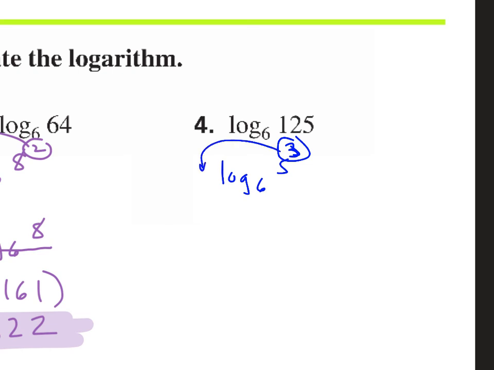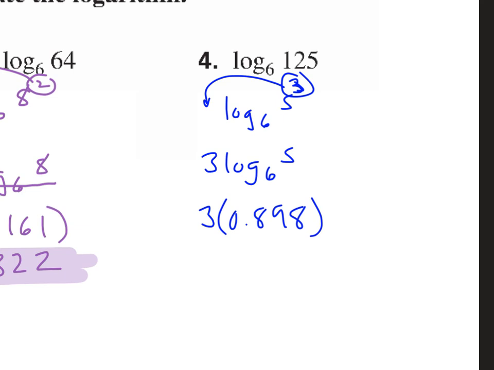Move it to the front. So we have 3 log base 6 of 5. What's log base 6 of 5 equal to? 0.898. So what's 0.898 times 3? 2.694.